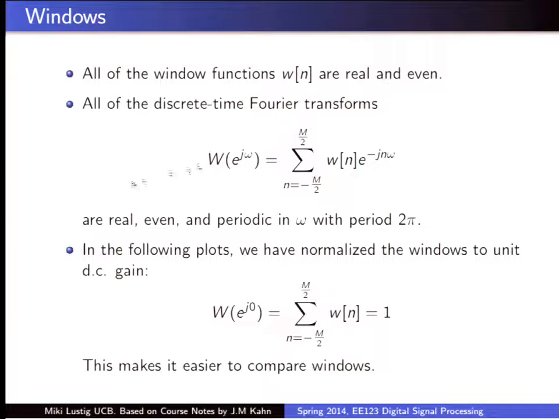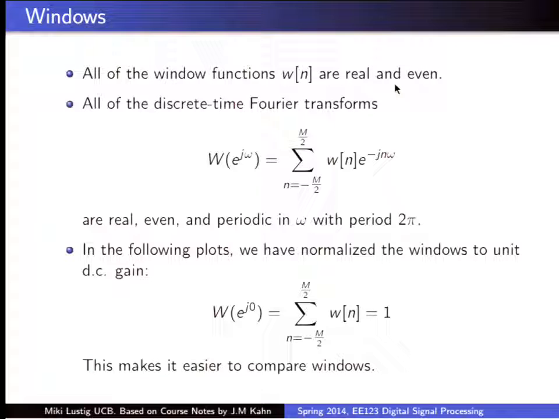All the windows that we use are often real and even. And because they're real and even, they're going to have a DTFT which is real and even. You remember all these properties, especially for next week. Real and even, odd, what does it mean? Odd and even, odd and not even, conjugate, not conjugate.